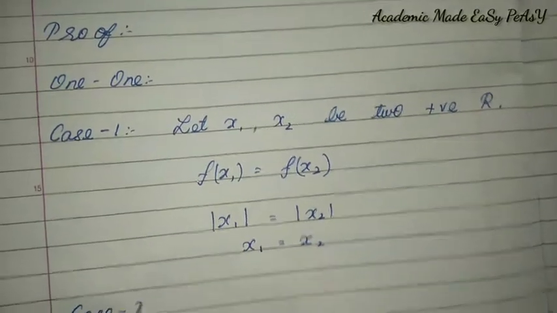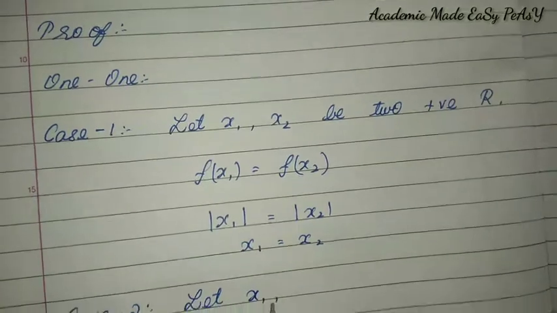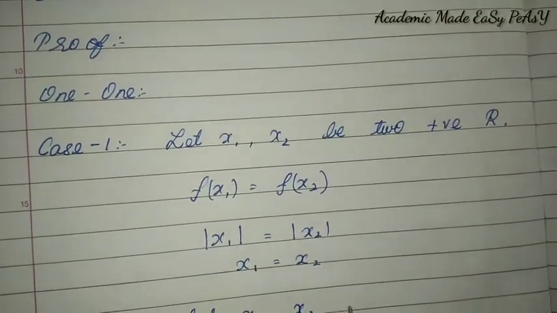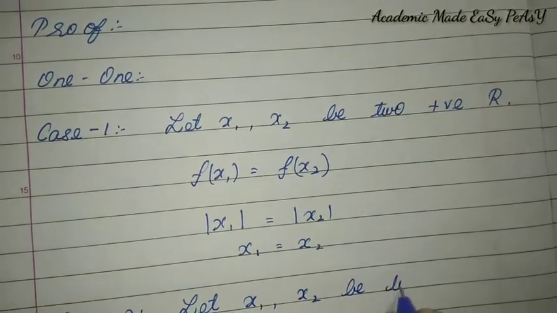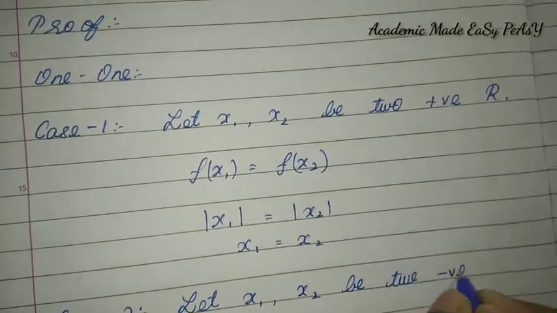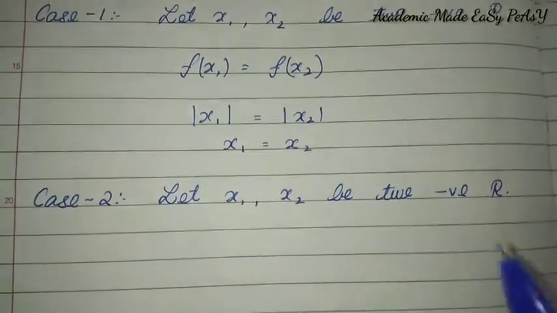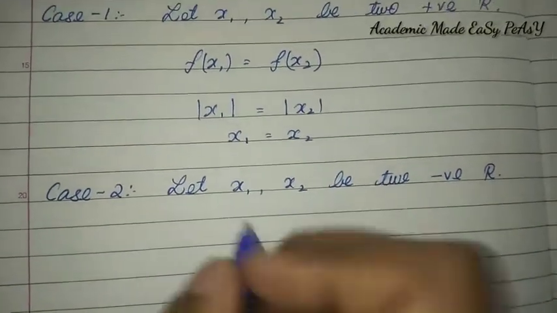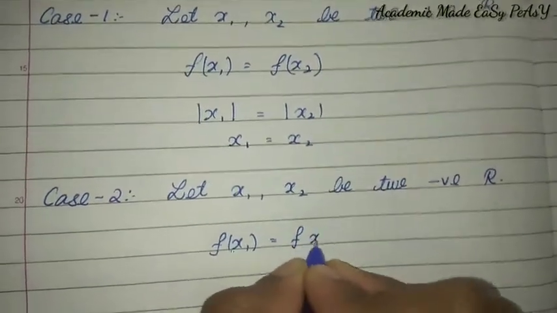So, case 2 will be let x1 comma x2 be two negative real numbers. That is, they belong to real numbers where x1 and x2 are negative. So the same f of x1 is equal to f of x2.